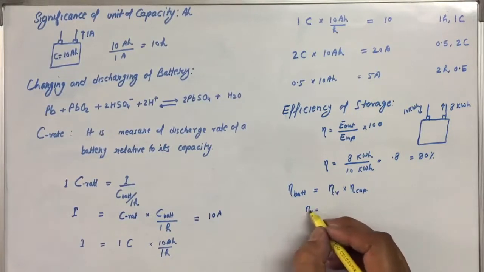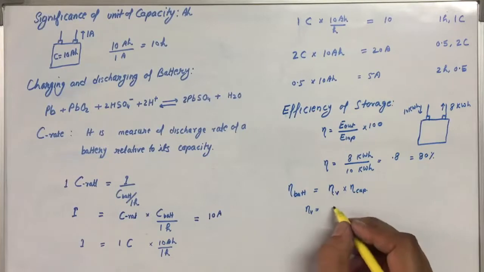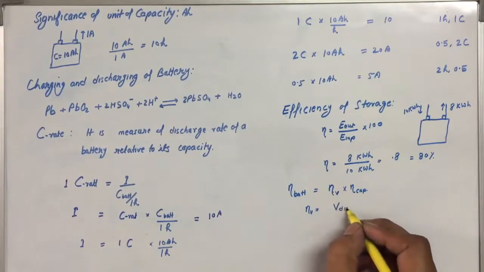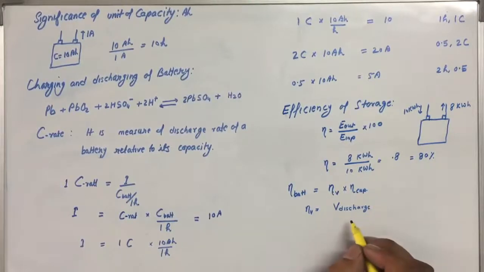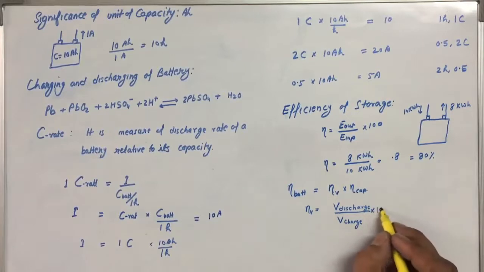Efficiency in terms of voltage is the discharge voltage divided by the charged voltage, multiplied by 100.